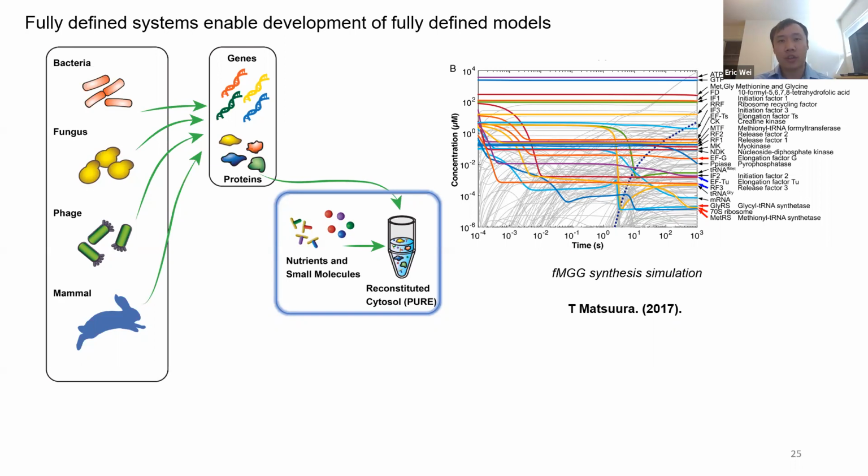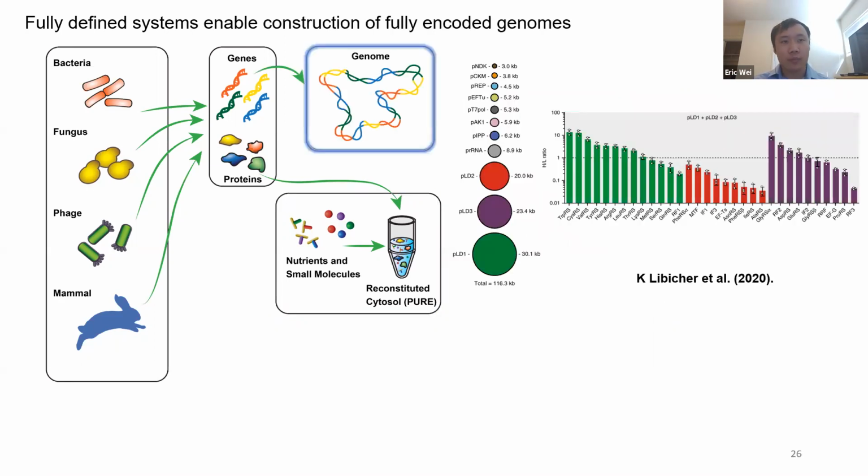If you have a fully defined system, you also enable the construction of fully encoded genomes. So, for example, the paper which was, I believe, one of the first papers reviewed in the Build a Cell seminar series, they were able to encode different parts of the PURE system into 11 different plasmids, totaling 116.13 kilobases.